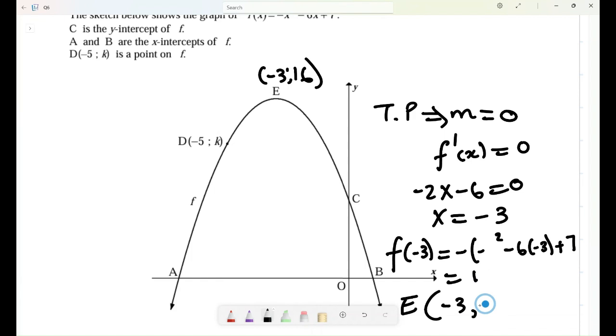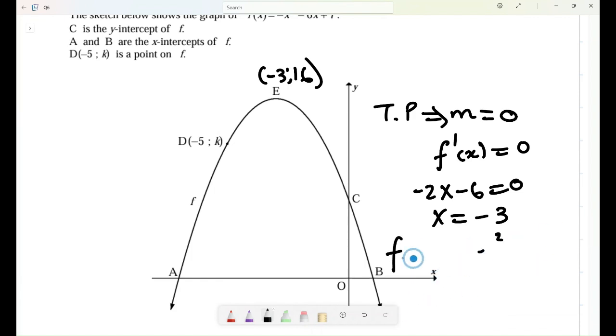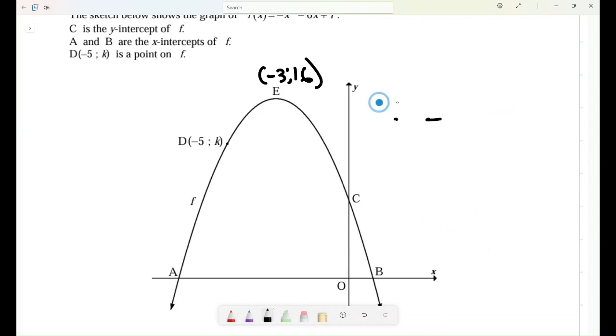Let's assume that you do not understand calculus and you want nothing to do with it. The method for you is that for the turning point, this is the axis of symmetry. How do I get the axis of symmetry? If I want the x for the axis of symmetry, x is equal to negative b divided by 2a.